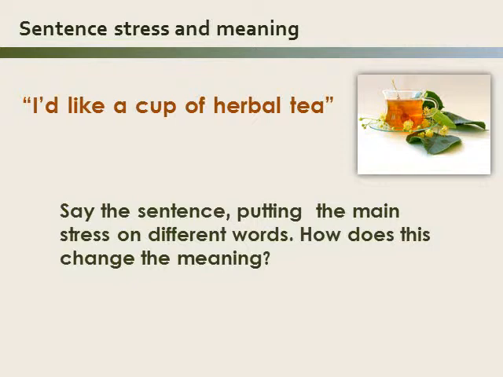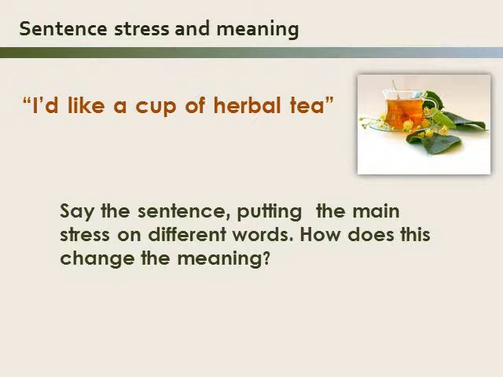Let's explore a couple of these options. If I say "I'd like a cup of herbal tea," I probably mean that I don't want a mug. If I say "I'd like a cup of herbal tea," I mean I want herbal tea, I don't want normal tea. If I say "I'd like a cup of herbal tea," that means you seem to have a cup, I'd like one too.